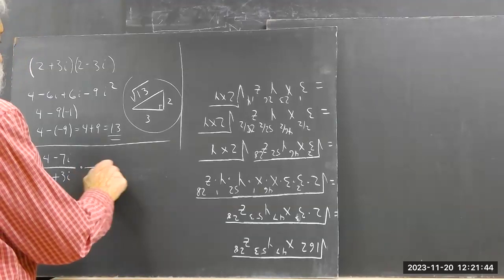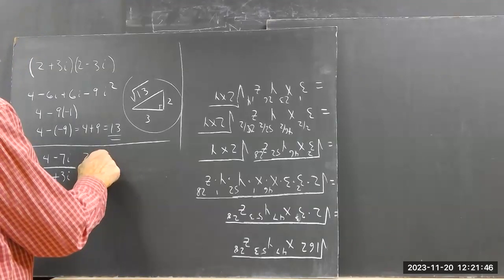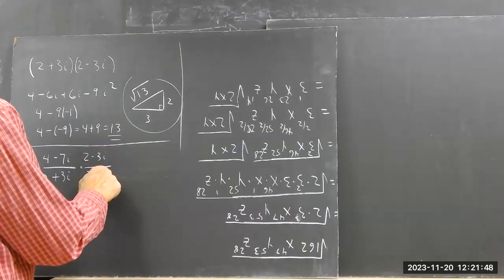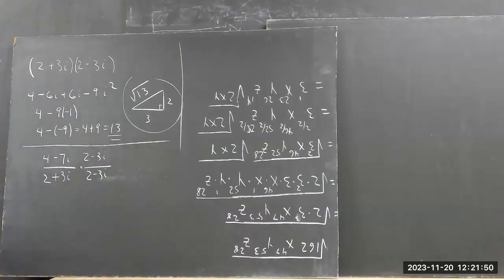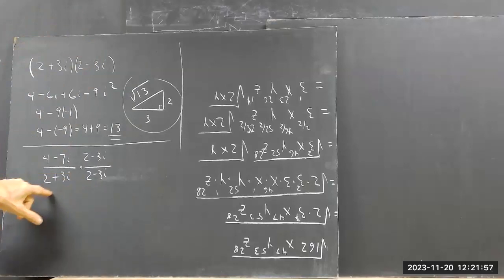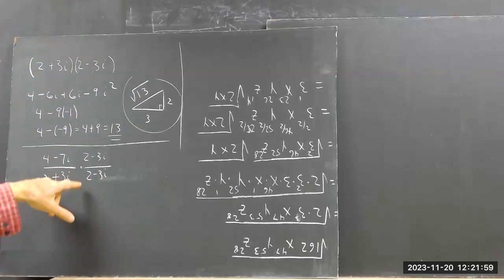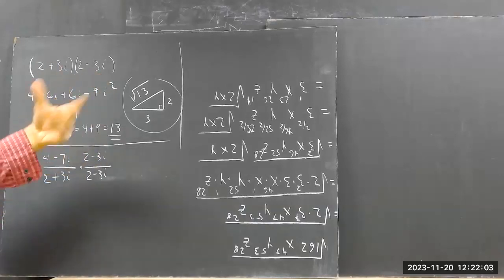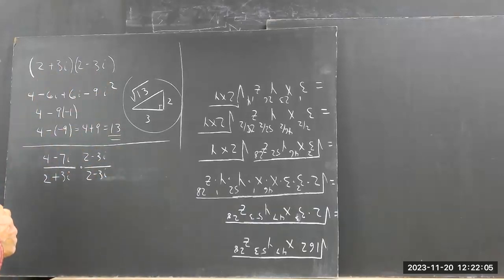But what I'm going to do is multiply numerator and denominator by 2 minus 3i. Because we just saw that 2 plus 3i times 2 minus 3i is going to give us 13. So these denominators are going to multiply out to give us 13, and our numerators are going to multiply out to give us some complex number.